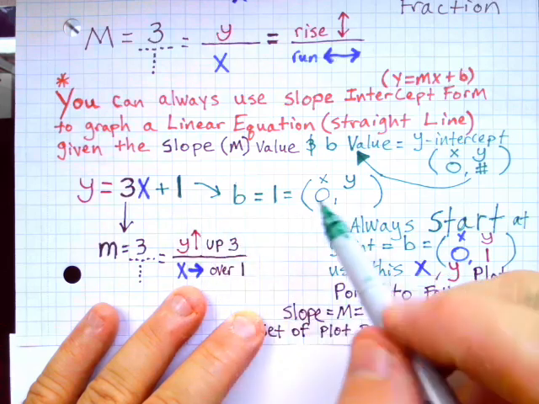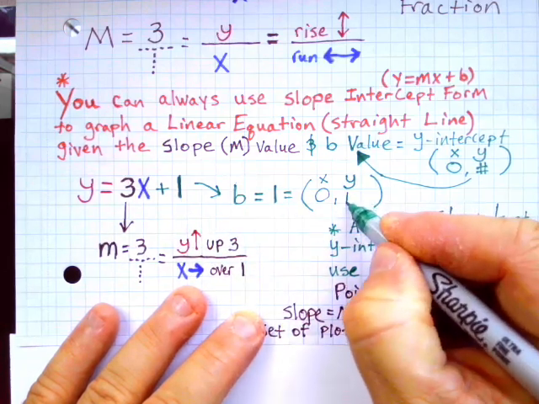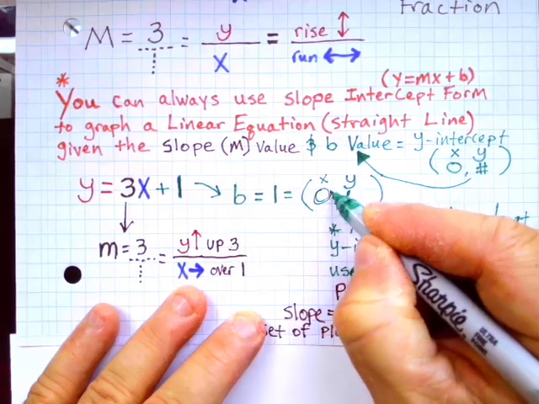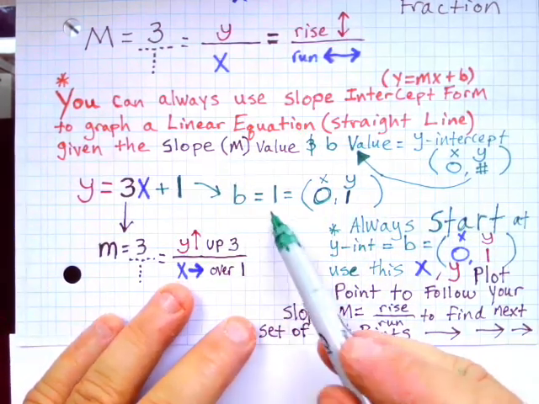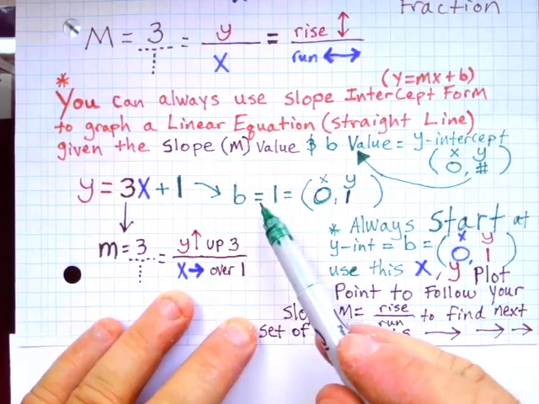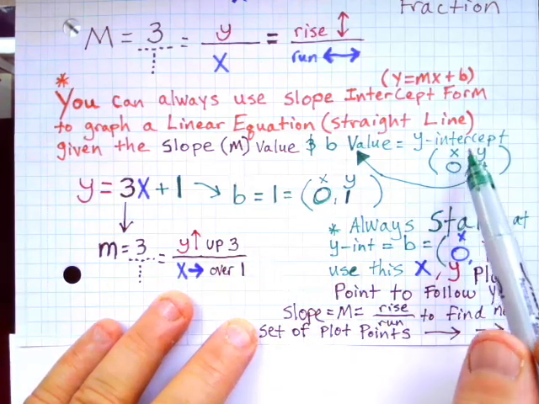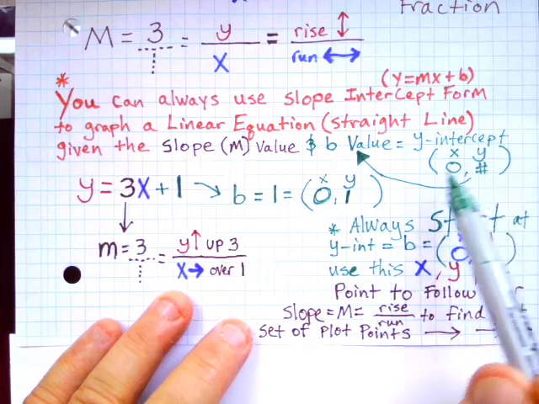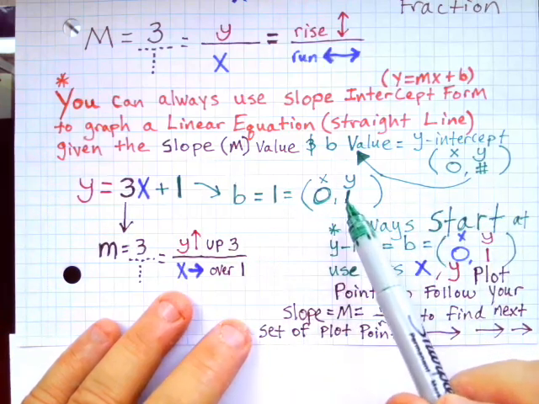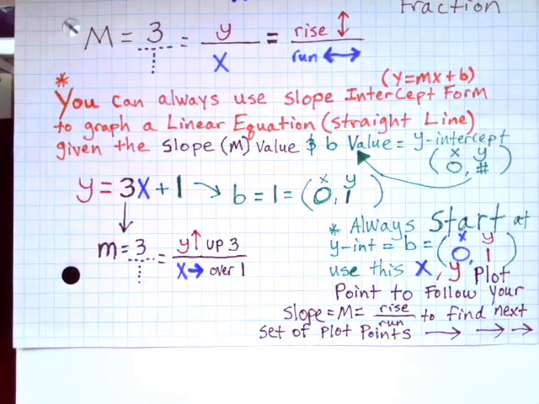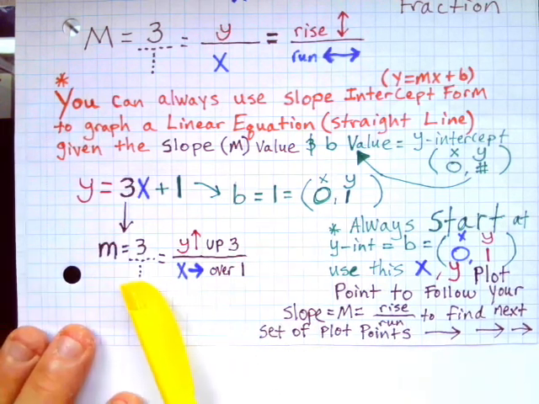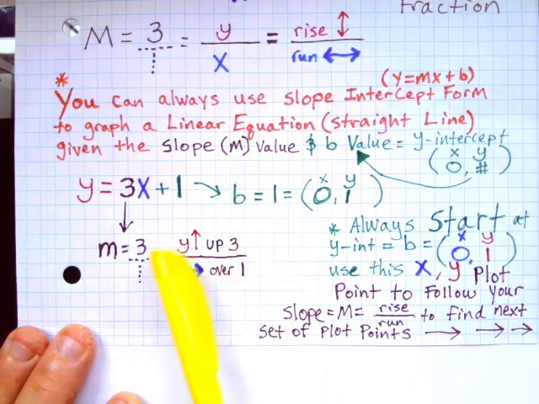So my y value here is going to be a positive 1. X is 0 and y is 1. Why? Because my b value, which is my y-intercept, x will always be 0 in my y-intercept, and my y value is that b value. So I can start at 0 for x, positive 1 for y, in graphing, starting to graph my equation using only the slope and my y-intercept b value.